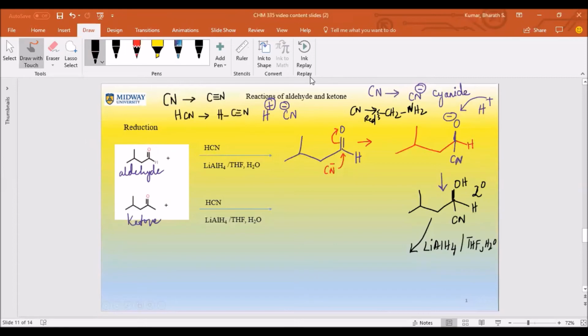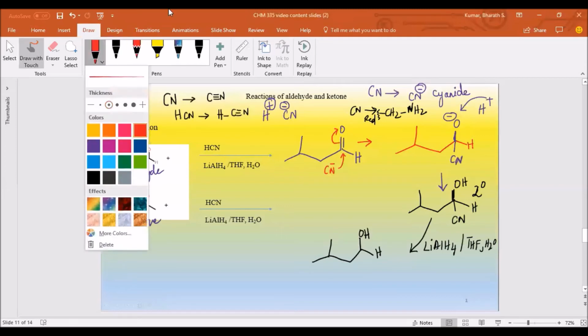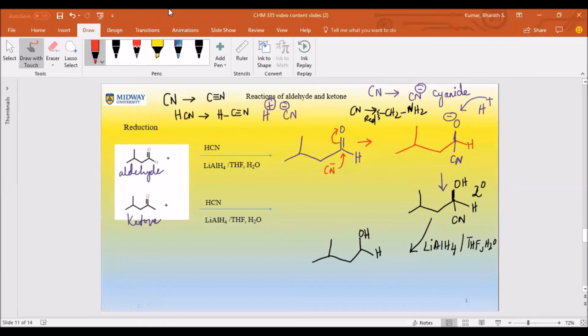This doesn't change. This is a constant. So now I'm going to draw everything in black, just like it's appearing above, minus the CN, and I'm going to write that in a different color. The reason is that part is constant as long as this reagent is LiAlH4. As I said, you replace the CN with CH2 and NH2.